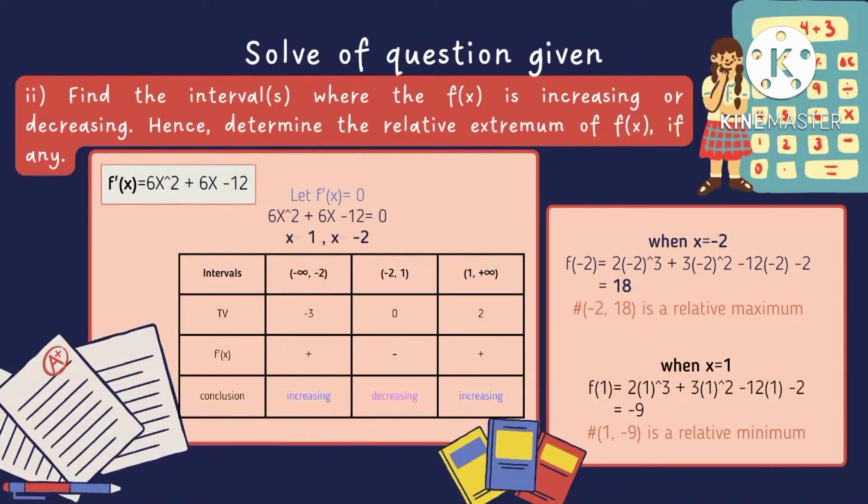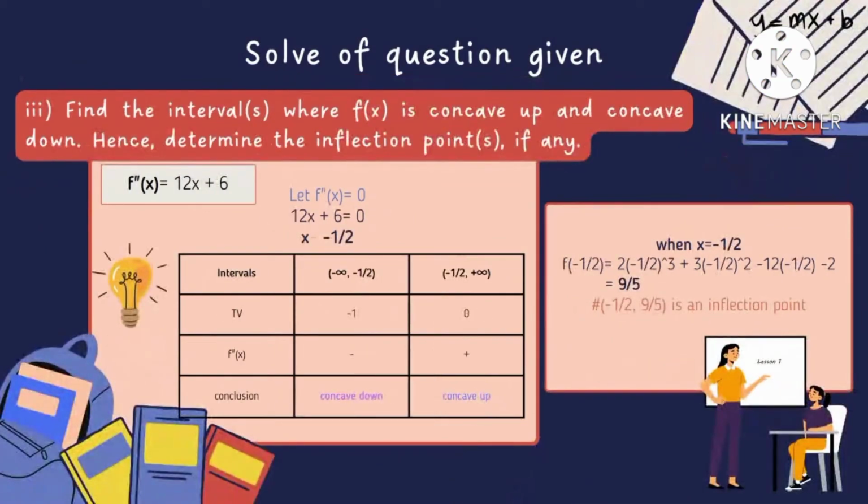So the point of this maximum, we get negative 2 and 58. So when x equals 1, we will get negative 9. So that is the relative minimum point, which is x equals 1 and y equals negative 9.